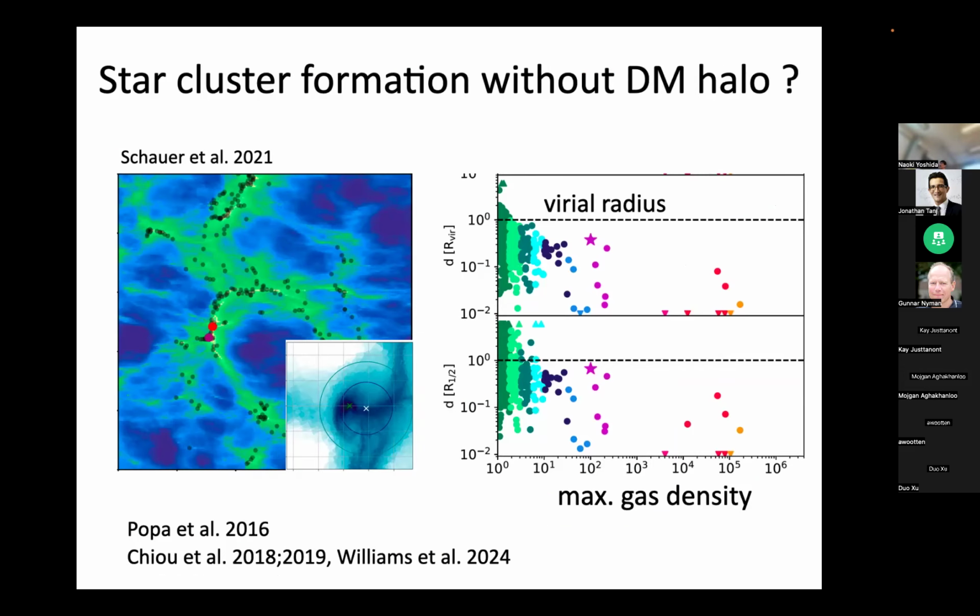Another interesting thing is we usually think structure formation is driven by dark matter gravity, but because of these relative motions, there are sometimes gas clouds offset from the dark matter center. This is one example by Anna Schauer. We notice this gas motion from left to right, and it displaces the gas cloud positions with respect to dark matter.